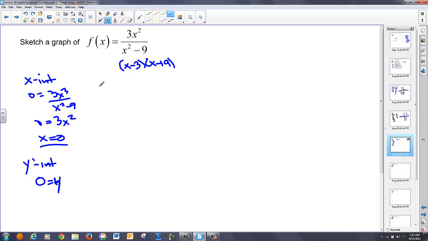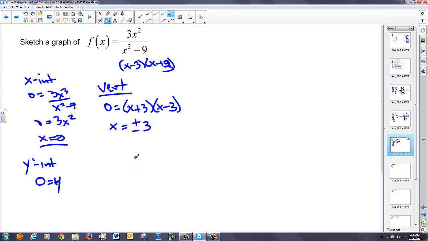Vertical asymptote, set the denominator equal to 0. In this case, I'm going to use the factored form. So that's x plus 3 and x minus 3. And you'll notice that in this case, I get two possible answers, plus or minus 3.